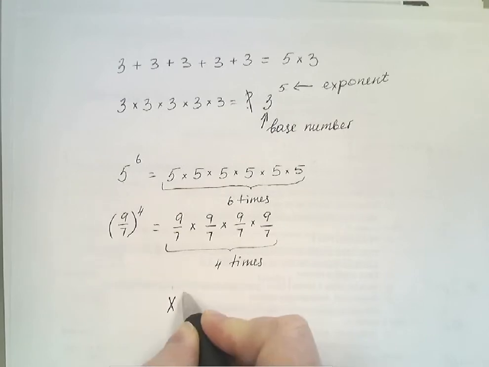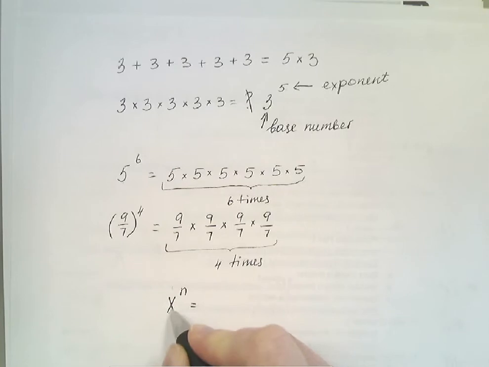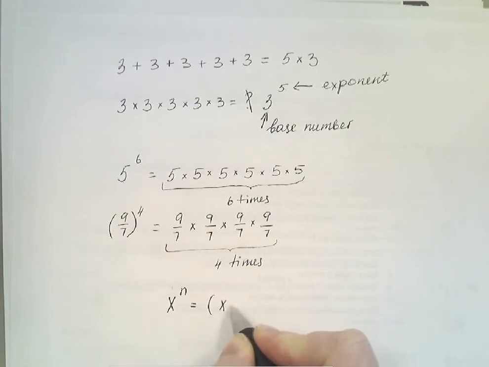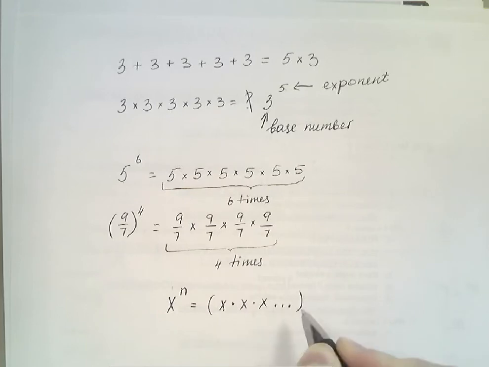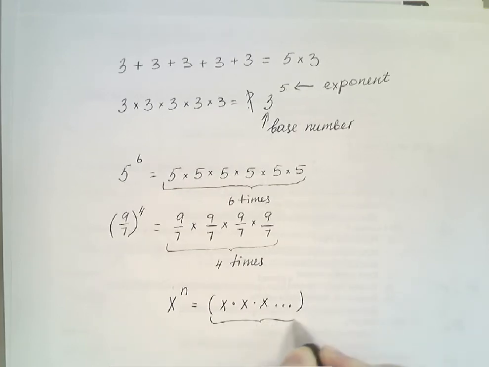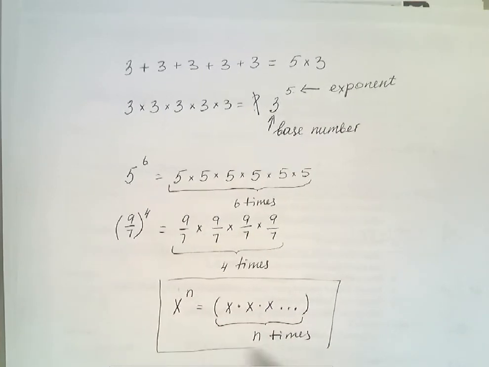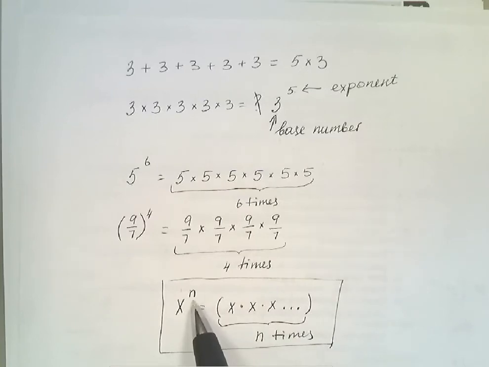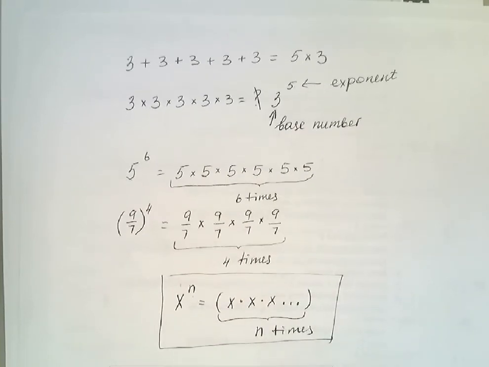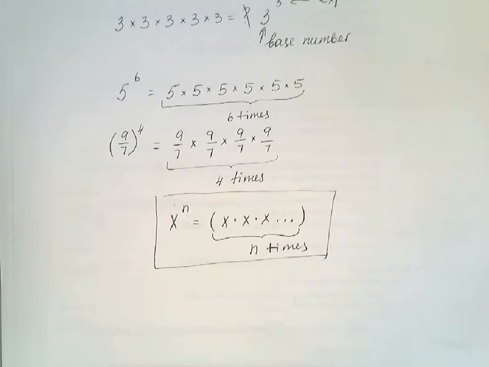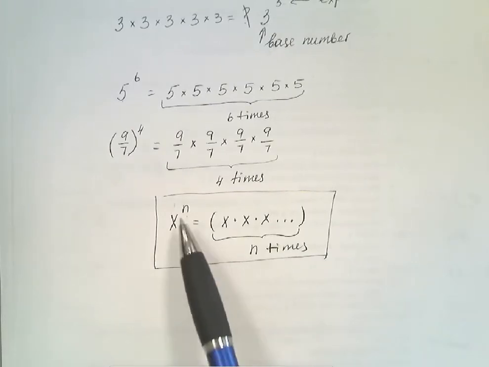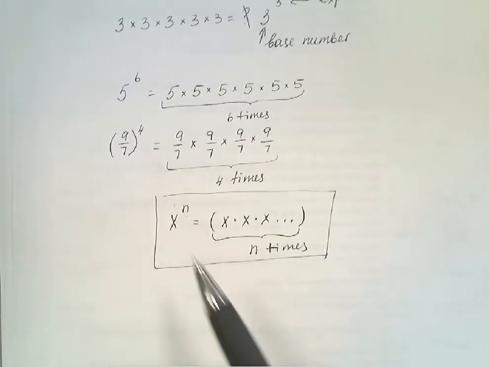Any number to any power is going to be that number multiplied by itself n times, no matter how many times. Okay, so here's the rule. I can take any number and put it to any power, and it will mean that I'm taking that base number and multiplying it by itself as many times as the power is telling us.